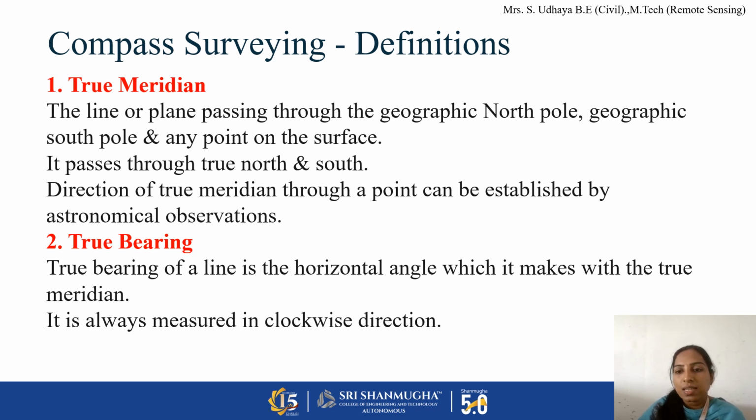It passes through the geographic North Pole, geographic South Pole, and any point on the Earth's surface. It passes through true north and true south, which are our geographic north and geographic south. That is called true meridian.